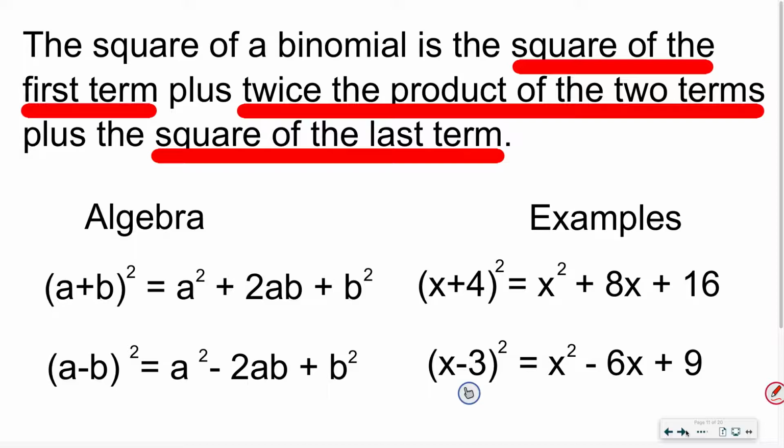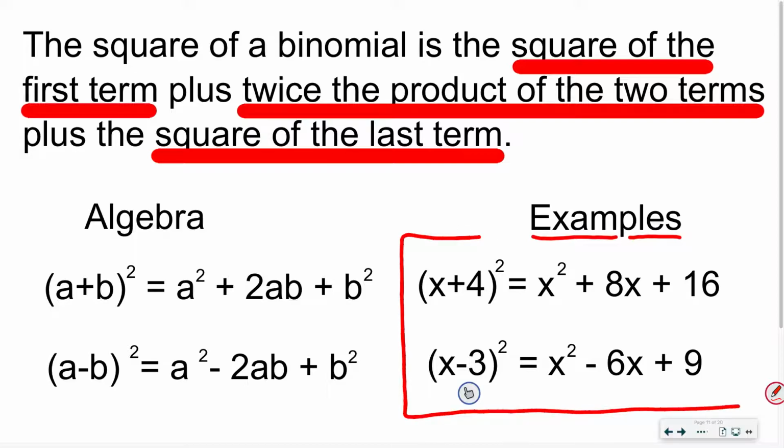There are two examples there. You don't have to write the algebraic examples. The actual examples here might be better. Notice the difference between the binomial that has a positive 4 and what it does to the trinomial, and the binomial that has a negative 3 and what it does to the trinomial.